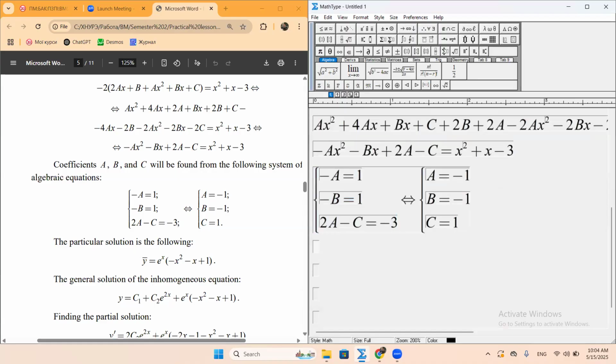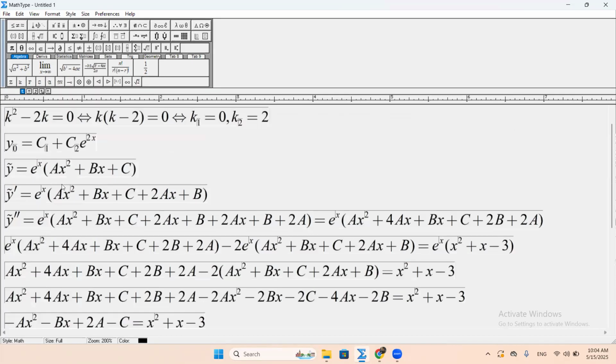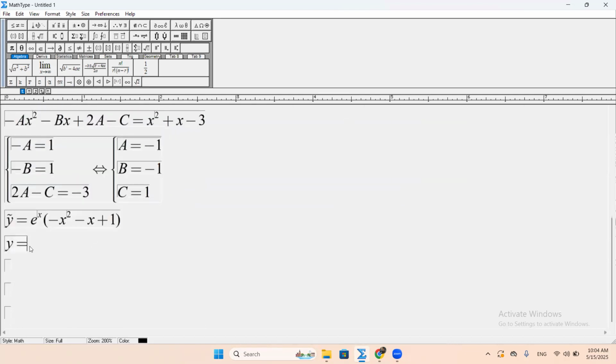So the partial solution is the following: e to the power of x multiplied by (minus x squared minus x plus 1). And the general solution will be equal to C1 plus C2 e to the power of 2x plus this expression. Now we have to differentiate this general solution to find constants.